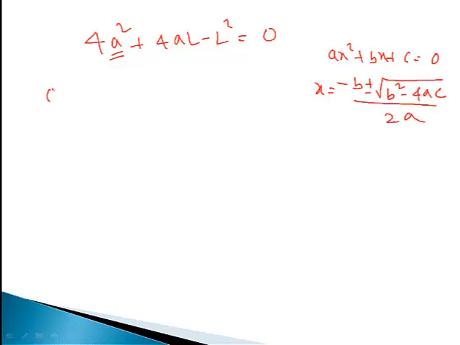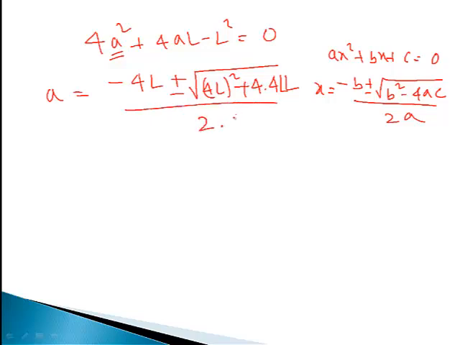So here A equals minus 4L plus or minus root of (4L) whole square, minus 4 into 4 into minus L square, minus minus becomes plus, and 2 into 4.